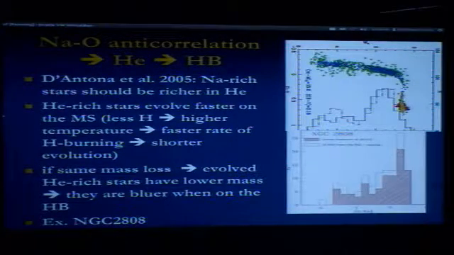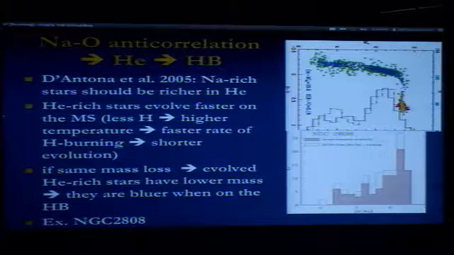One important fact is that helium-rich stars, that are more rich in helium than normal, evolve faster on the main sequence. This is essentially because they have less hydrogen, so the central temperature should be higher to give the pressure to compensate for gravity. And so this leads to a faster rate of hydrogen burning, so a shorter evolution.